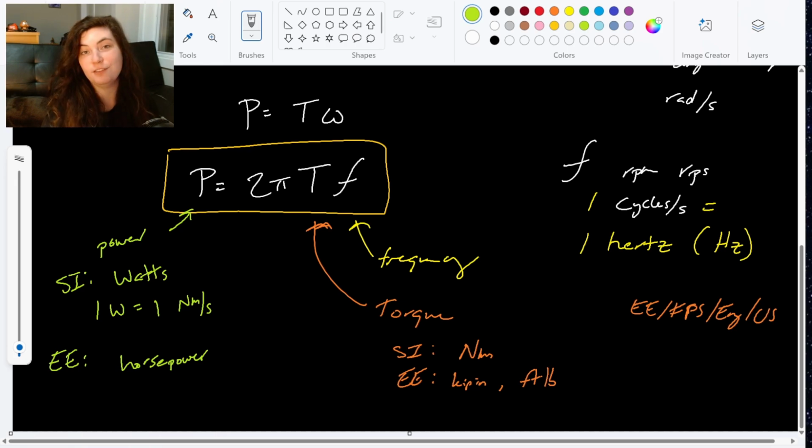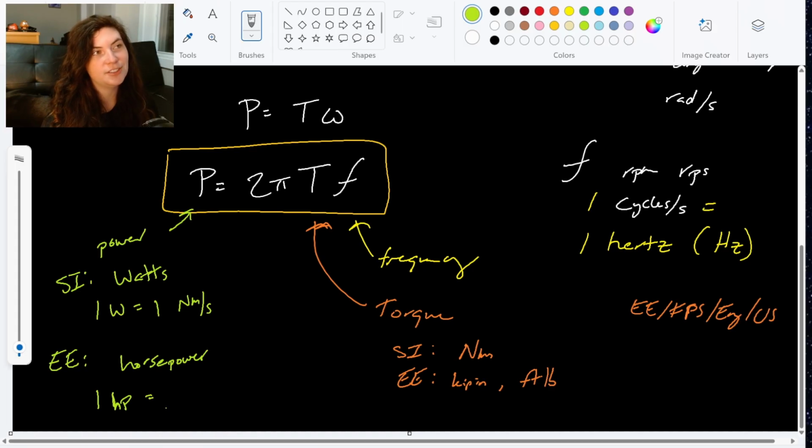But the conversion to horsepower is, of course, not as clean of a conversion. So 1 horsepower, 1 HP, I always do a lowercase HP because an uppercase HP makes me think of hit points in video games. And it's not that.